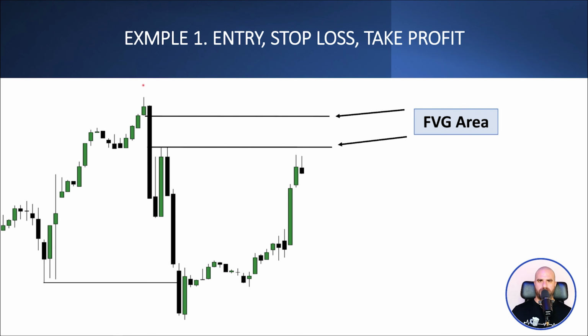It is a very important concept. You need 3 candlesticks in order to create a fair value gap. 1, 2, 3. And your fair value gap, do you see the space between those 3 candlesticks, between number 3 and number 1? Initially, your fair value gap would be from here, from the top of number 3 to the bottom of number 1. But now it is tested until here.